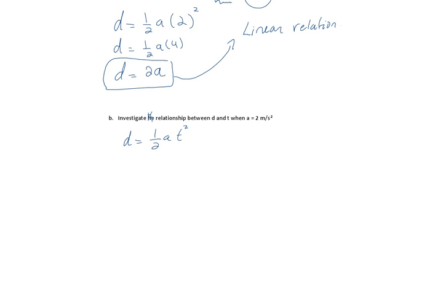A is constant, and I'm looking between D and T. So I'm going to sub in 2 for A. So that equals D equals T squared. So that relationship is quadratic. Yeah, it's a parabola.